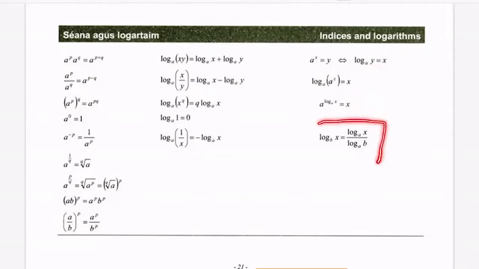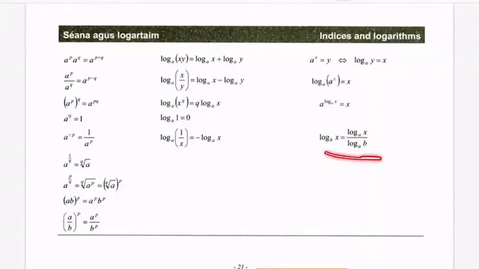And then this one down the bottom is what we call changing the base. Okay, so just like in indices, it was important that the base number matched. In logs, this is your base number here, the little b or the little letter that's written beside log. When you're manipulating log questions, they have to have the same base number.